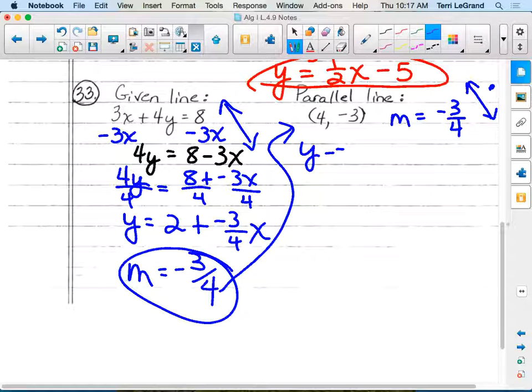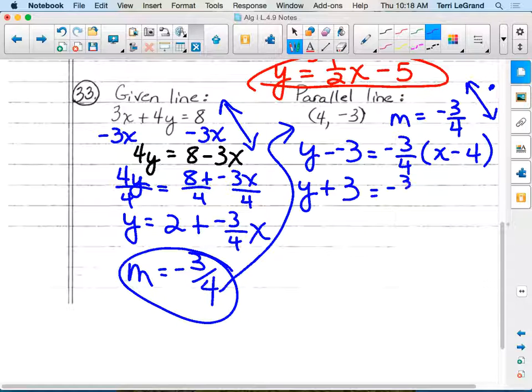y subtract negative 3 equals negative 3/4 times x take away 4. This is another really good place to change subtraction to add the opposite. Here, it becomes plus 3, because the opposite of negative 3 is positive 3.